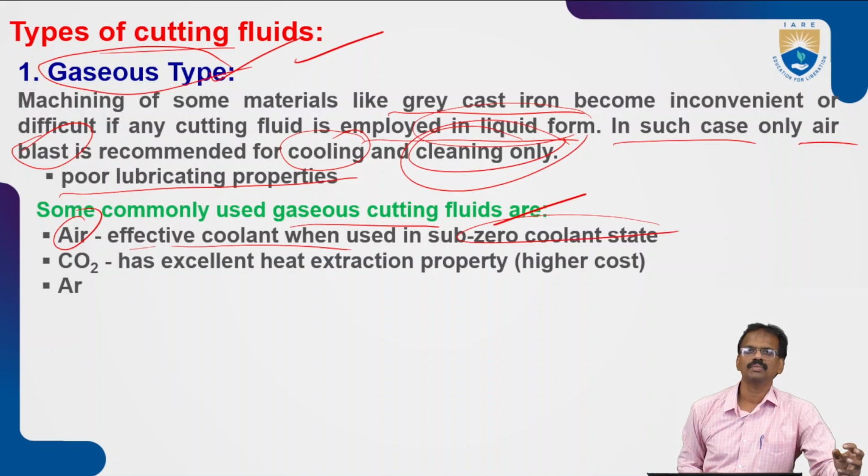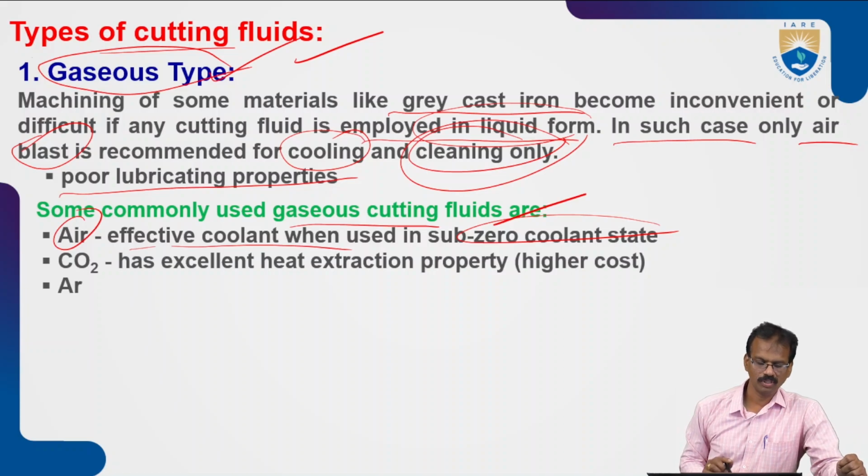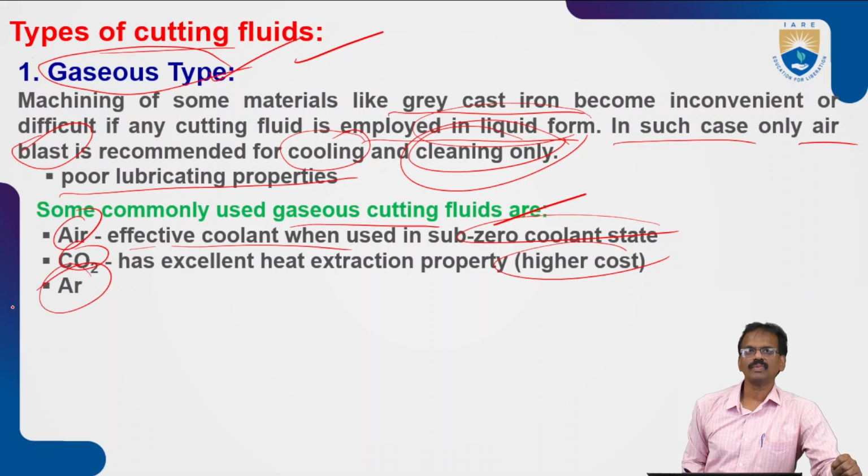Okay, because it can take the heat from the workpiece or tool bit. The next one is carbon dioxide. Carbon dioxide has an excellent heat extraction property. Okay. So the conductivity of carbon dioxide is very high. So we can use that one also. Next, sometimes we will use argon. Okay.